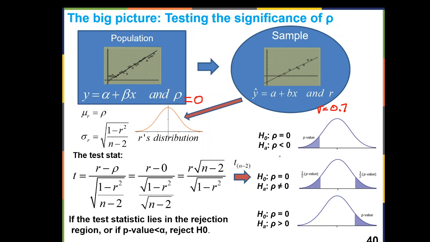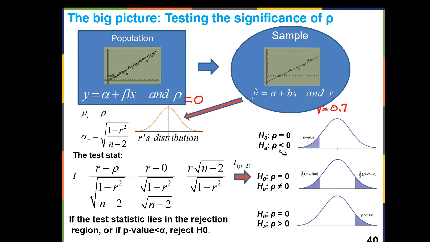Always. Now you might have somebody claim that rho is greater than or equal to 0. If that's the case, we put it here, but when we do the testing, we still only assume that rho equals 0, right? That greater than in the null hypothesis doesn't change anything. So that's why researchers only put the equal sign here.